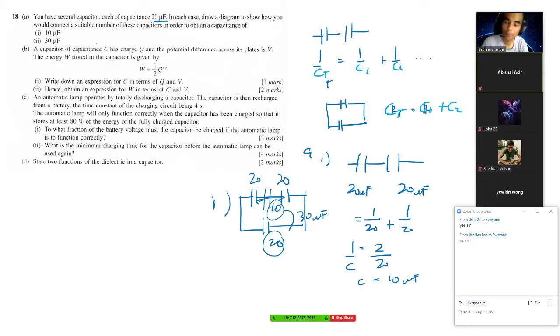So 18B. A capacitor of capacitance C has charge Q and potential difference across its plates V. The energy W stored in the capacitor is given by W equals half QV.